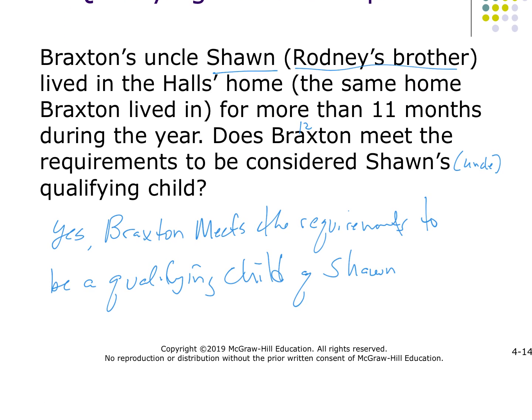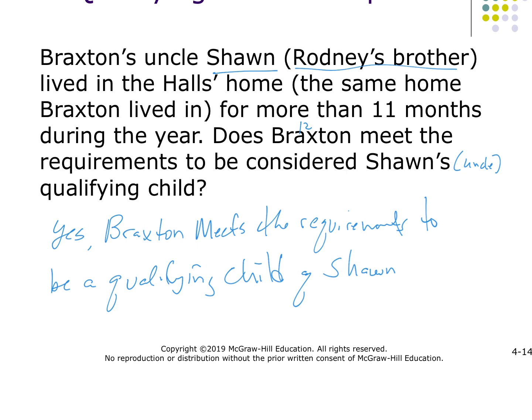But what do we know? Well, there's an additional situation that comes into play when we're talking about qualifying children. And there are tiebreaker rules. Essentially what this says is that if another person is living in the same house and could claim someone as a dependent, the parents get the first opportunity to claim someone as a dependent. So what does that mean in this situation?